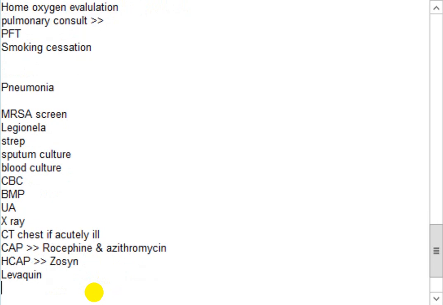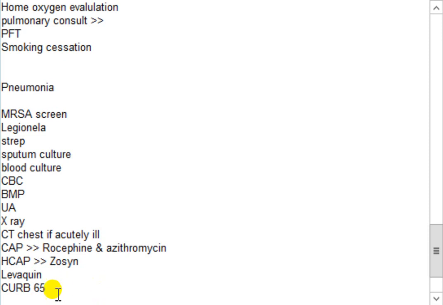And you can use the CURB 65 to decide on admission. CURB 65 basically: C for confusion, U for BUN, give them 1 point, R for respiratory rate, it's 1 point if it's more than 30, B for blood pressure, if it's less than 90 over 60, if it's low, give them 1. Age more than 65, you give them 1 point.